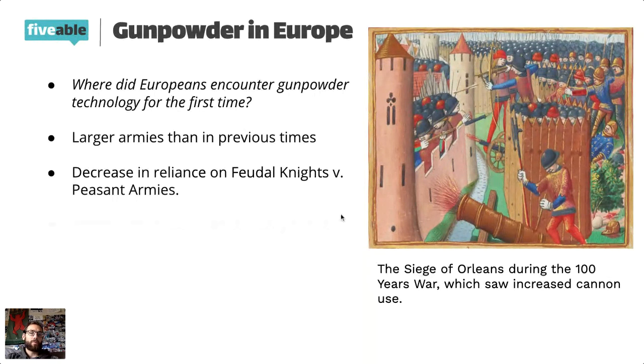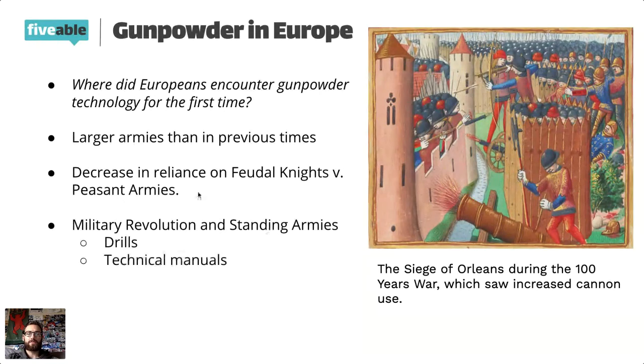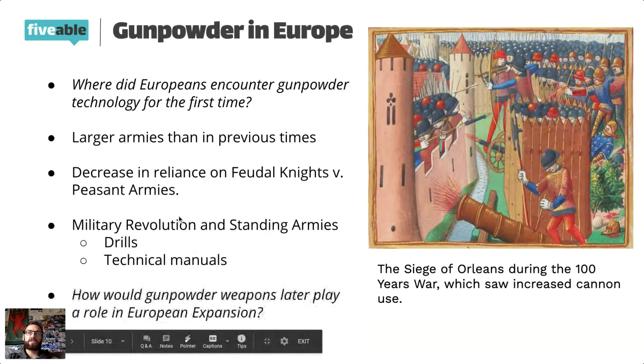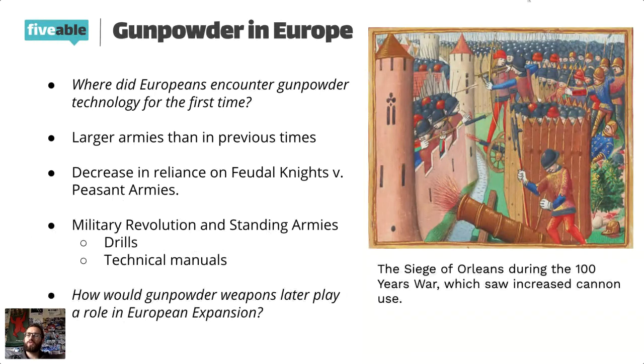But Luis brings up a good point about reloading. In Europe, we begin to see something called the military revolution, right? Which would standardize how you were supposed to use a weapon.